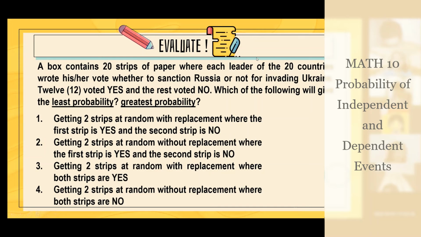Okay, so any more question? Sige, you do it fast. It's the application. A box contains 20 strips of paper where each leader of the 20 countries wrote his or her vote, whether to sanction Russia or not for invading Ukraine. 12 voted yes, and the rest voted no. Which of the following will give the greatest probability?